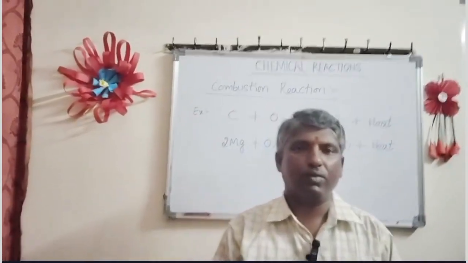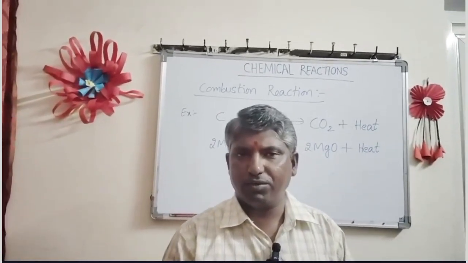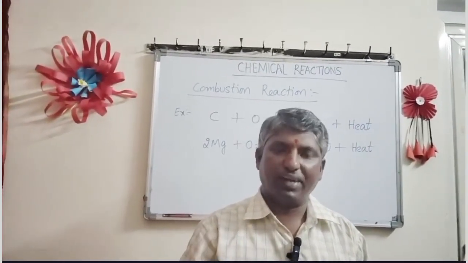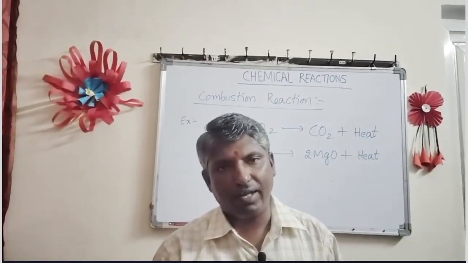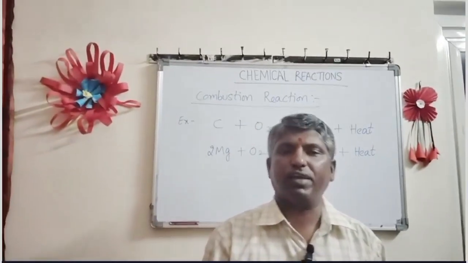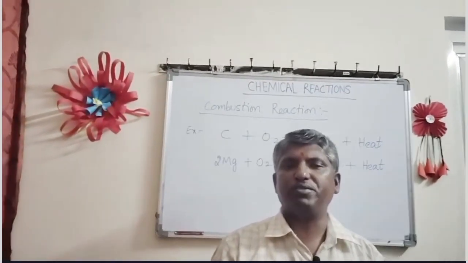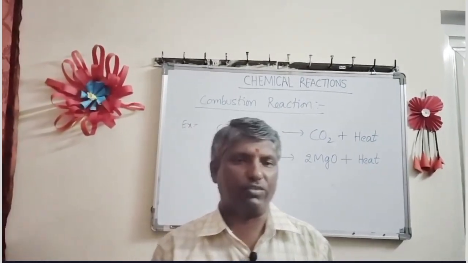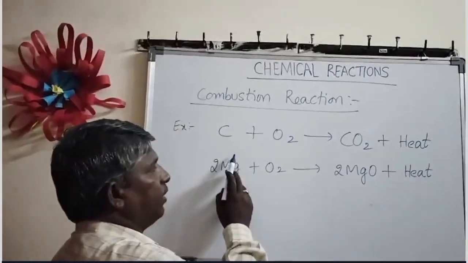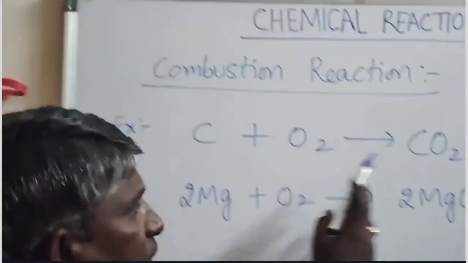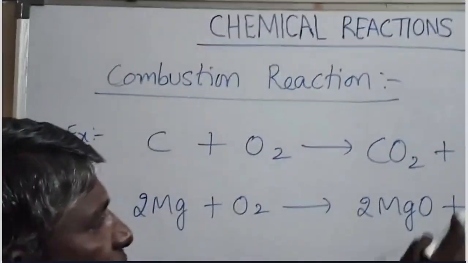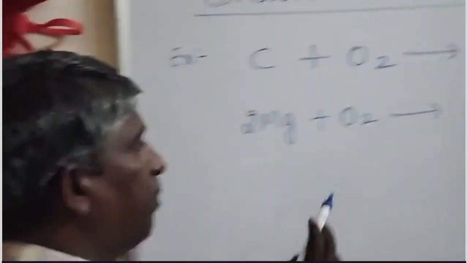Combustion reaction. Oxygen gas reacts with any material and releases carbon dioxide gas and heat energy. Such type of reactions are called combustion reactions. Simple example: carbon reacts with oxygen and forms carbon dioxide and also heat.